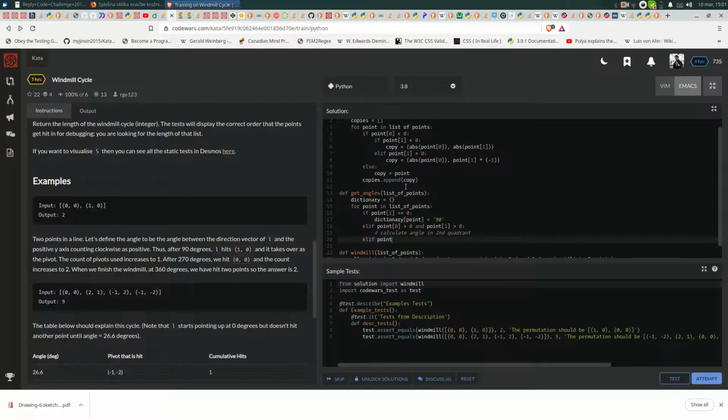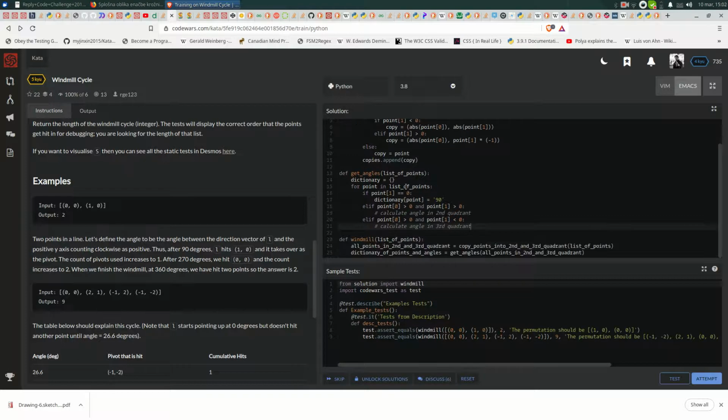If point 0 is still greater than 0, and it should always be greater than 0, and point 1 is less than 0, well, in this case we want to calculate the angle in the third quadrant, and I'm kind of really afraid of those equations, how we're going to make them.